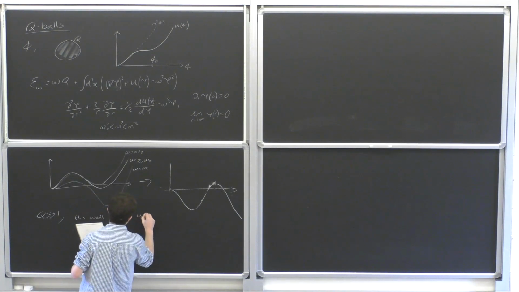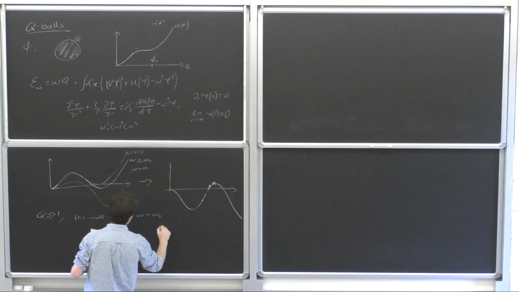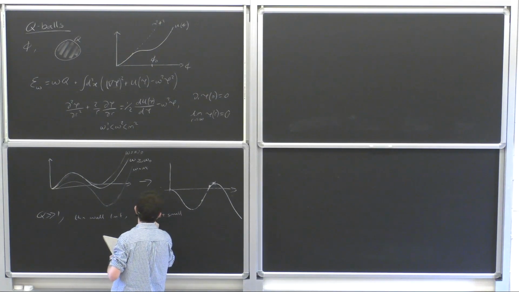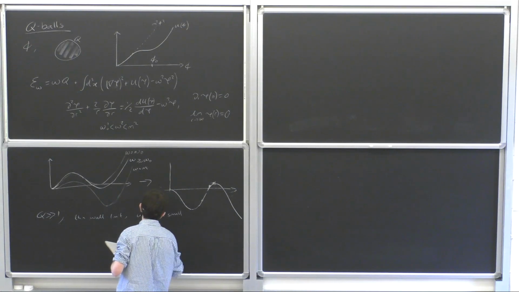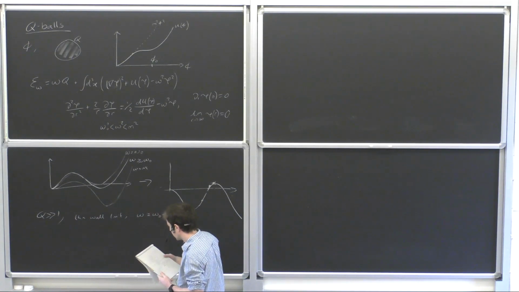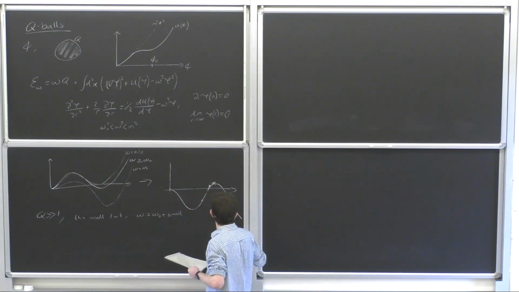So this corresponds to omega being only slightly larger than omega naught. And in this case, my object looks something like this.